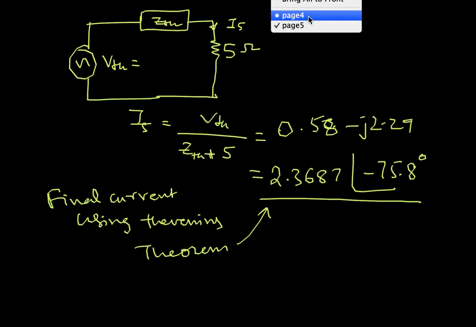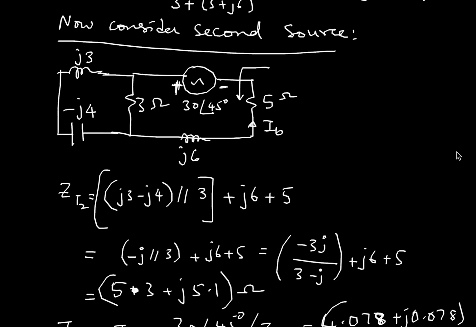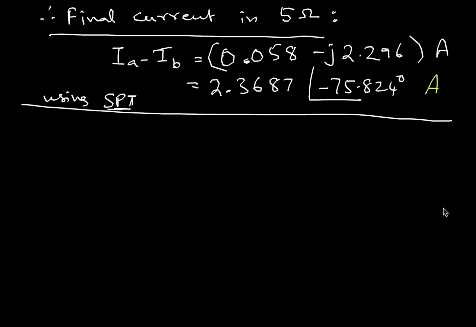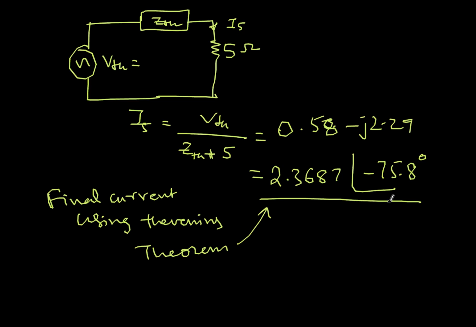So I'll go to the other page. So this was the previous video in which I solved using superposition theorem, and this was my final current, 2.3687 at an angle of minus 75.824 degrees. And yeah, so we are getting the exact value of the current. So that means our answer is correct. We verified it with two different theorems.